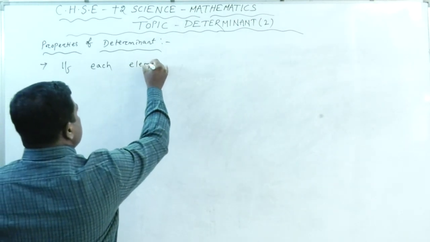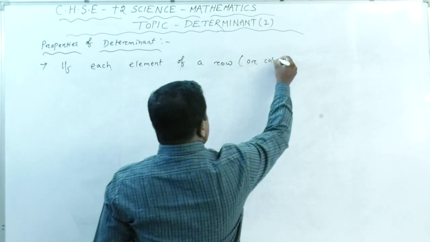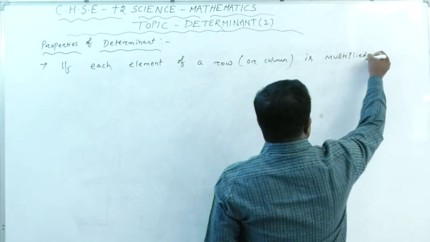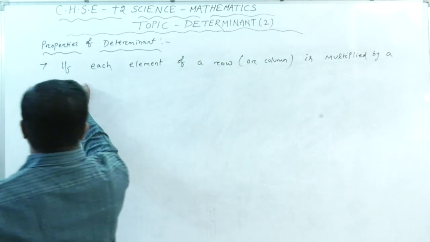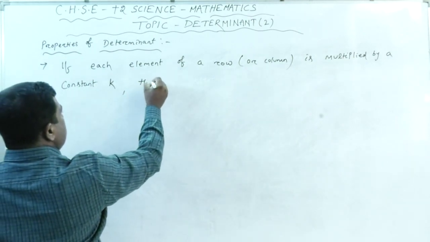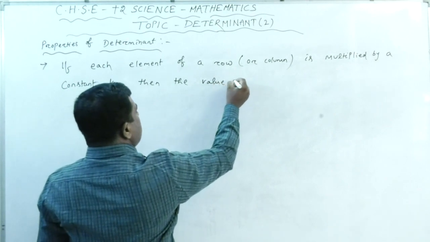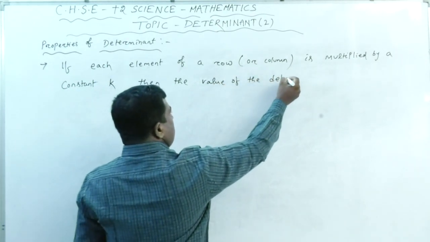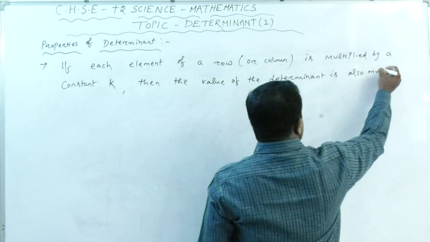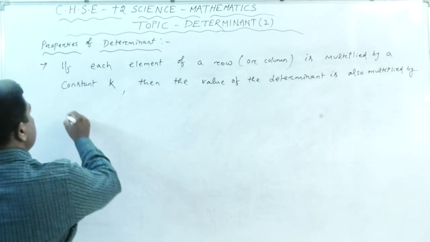If each element of a row or column is multiplied by a constant k, then the value of the determinant is also multiplied by k.